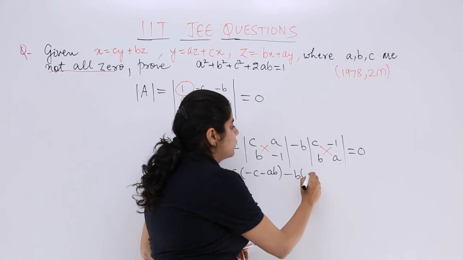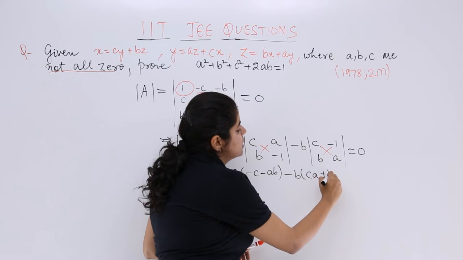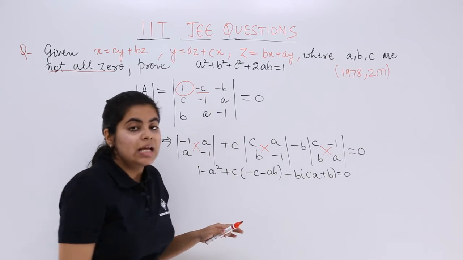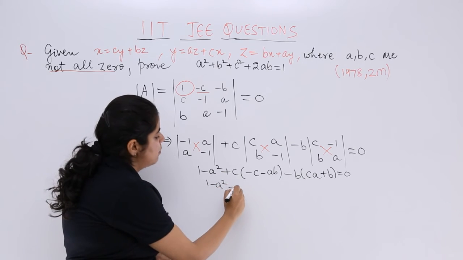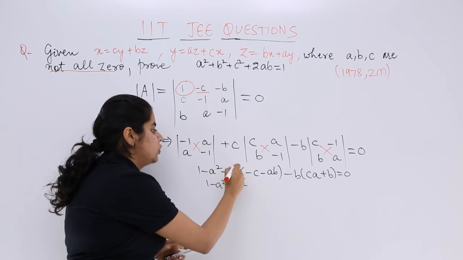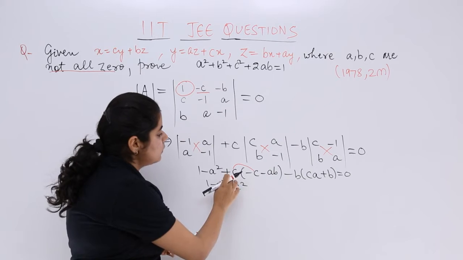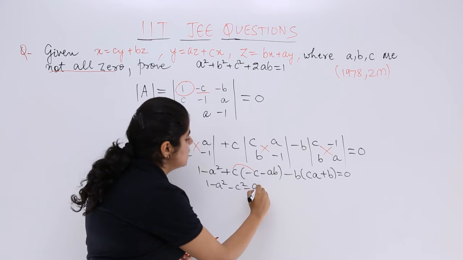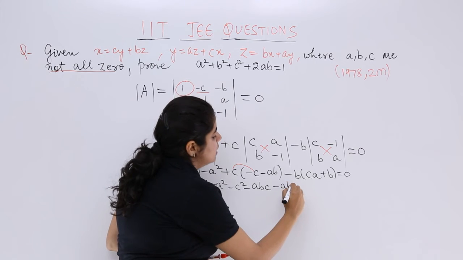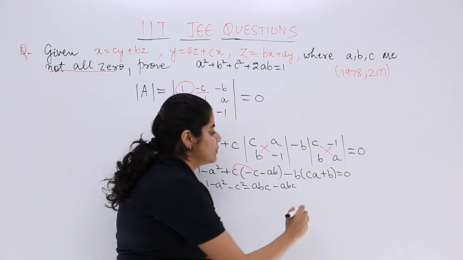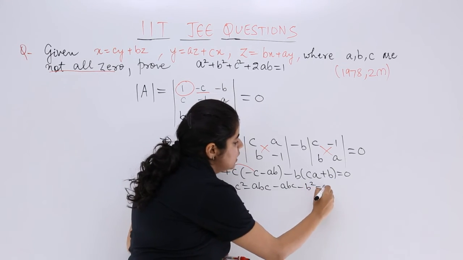Minus b, c into a is ca, plus b equal to 0. Now you have to simplify: 1 minus a square minus c square. Here is the multiplication: ab into c is minus abc, ab into c is minus abc, b into b is b square, equal to 0.